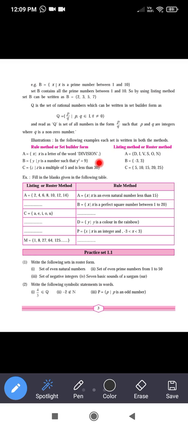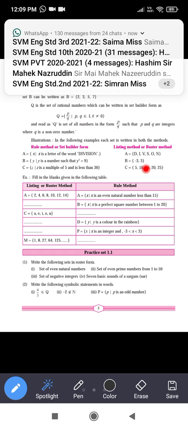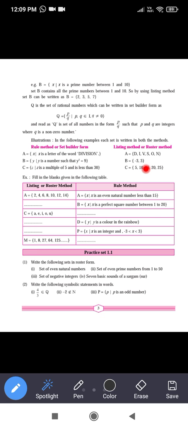In the word division there is letter D, letter I, letter V, letter S, letter O and letter N. Here I is repeated thrice, but we have to write only once. Remember this. While writing in listing form, we have to write each and every object or element only once. It should not be repeated.